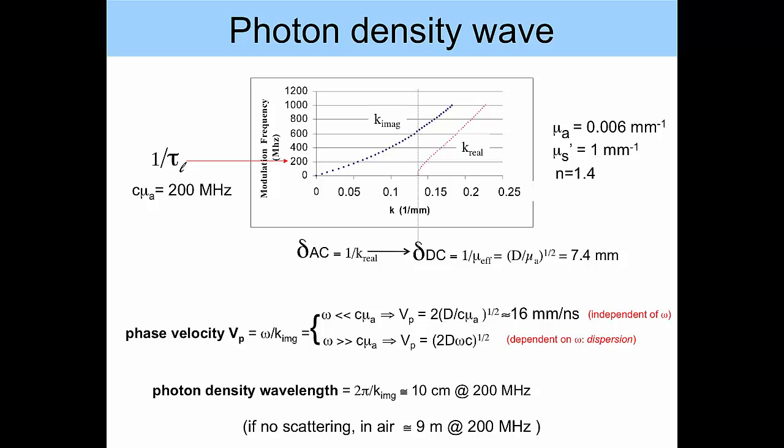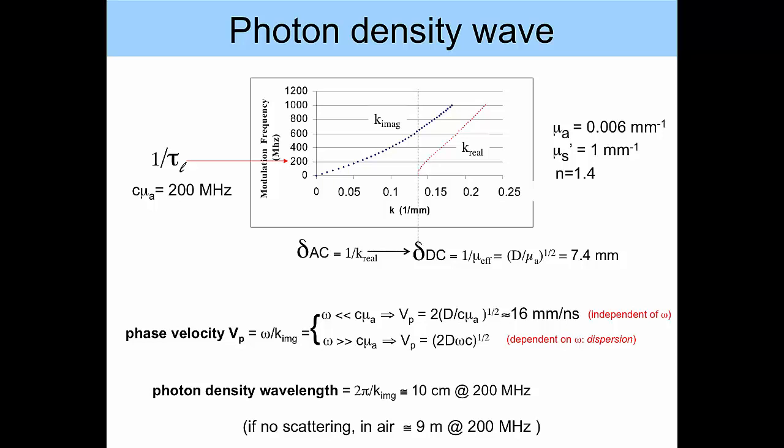But clearly that modulation frequency is going to change dramatically if you have a change in absorption. And so that might have some impact as to the range of optical absorption parameters where this technique could be used advantageously.